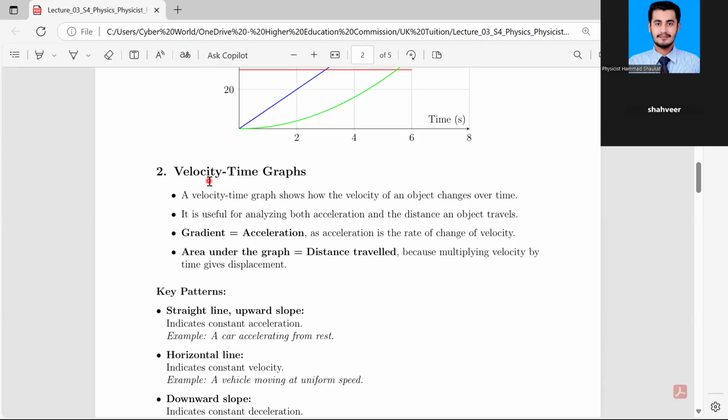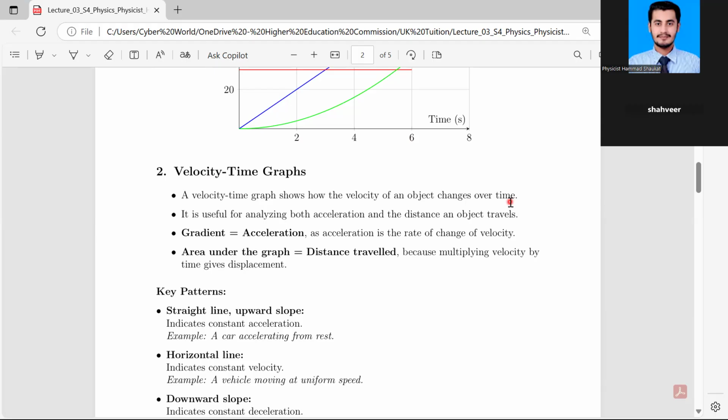So here you can see a velocity time graph basically shows how your object's velocity changes with respect to time. You know that a body always changes its velocity. Let's suppose a car is moving, if the car's velocity remains the same, then you can say constant velocity, which we discussed in the types of velocity in our previous lecture.